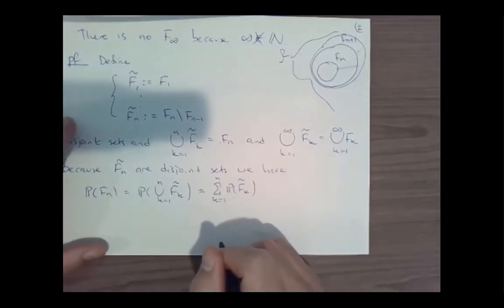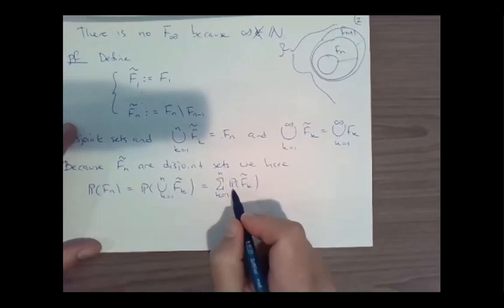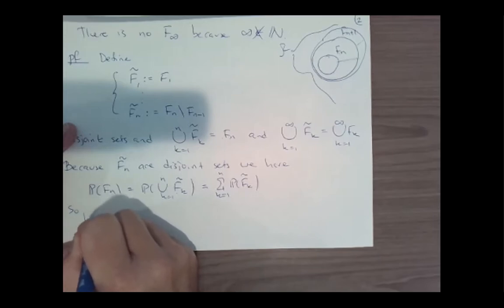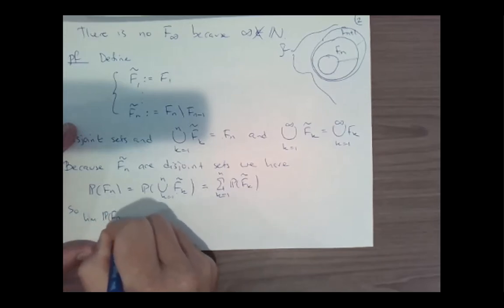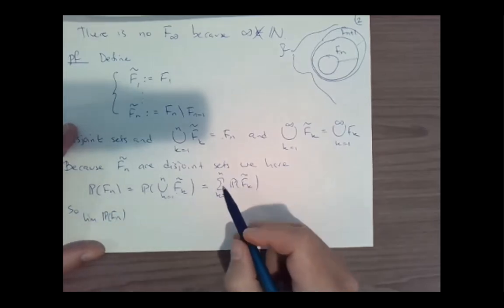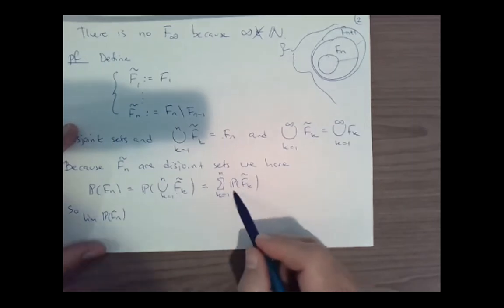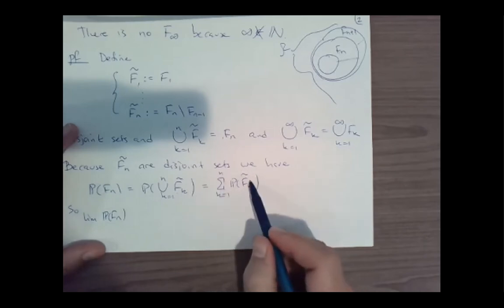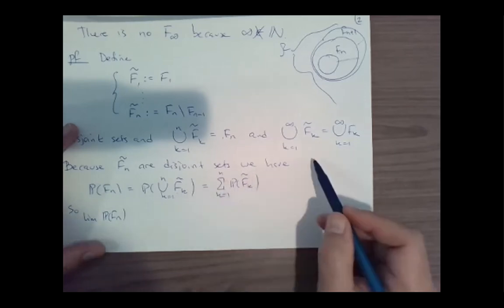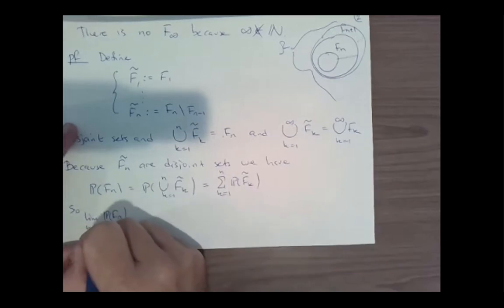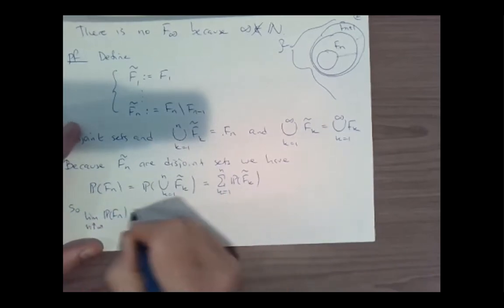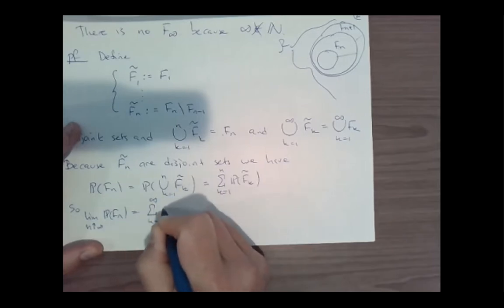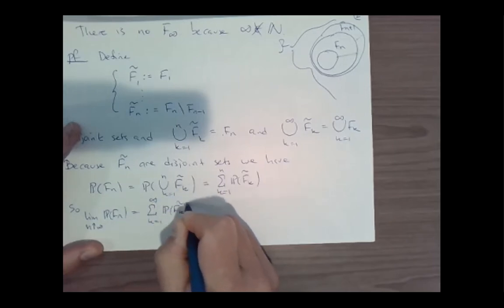Then I can take a limit. I have a bunch of positive numbers here, as a function of n, so this is monotone. And so there is a limit, so I can take the limit. This is going to be the sum from 1 to infinity of P of Fk tilde.